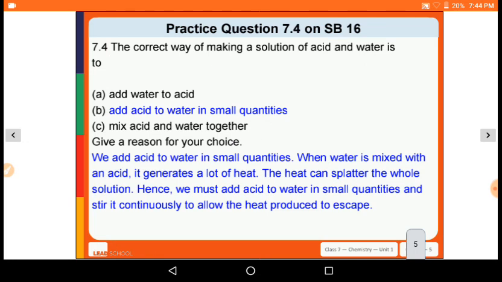Because when water is mixed with an acid, it generates a lot of heat. जब उसके साथ मिक्स करेंगे तो वहां पे काफी हीट जनरेट होगा. The heat can splash the whole solution. Hence we must add the acid to water in a small quantity and stir it continuously and allow the heat produced to escape.